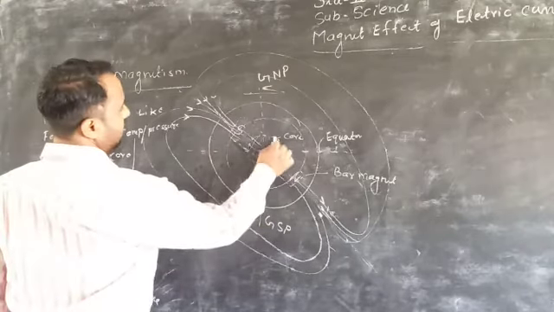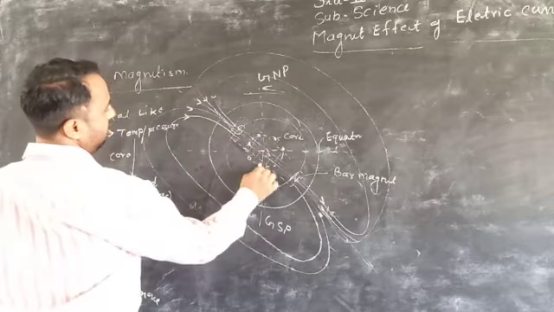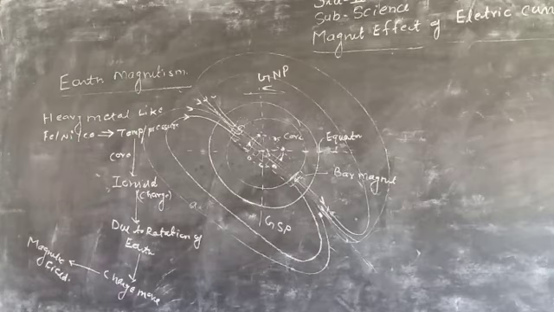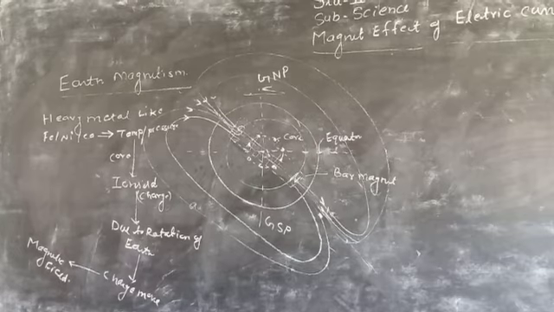Due to this rotation a magnetic field is produced, and that magnetic field is the reason of earth magnetism. That is the basic reason, so we have to describe it here.